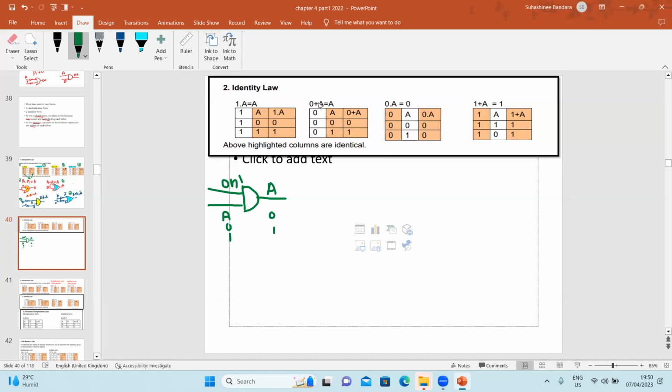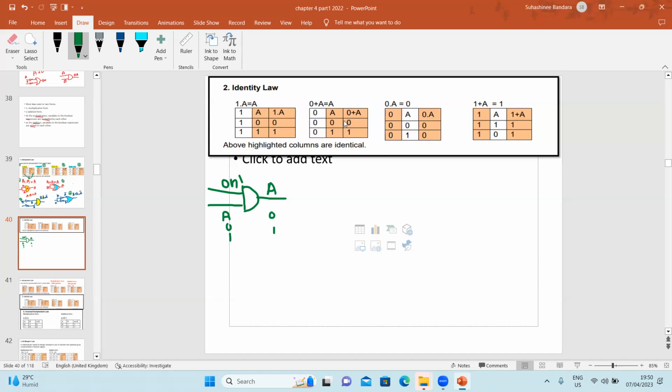Then 0 plus A. 0 plus A also equals A. Right? 0 plus 0, 0. 0 plus 1, 1.